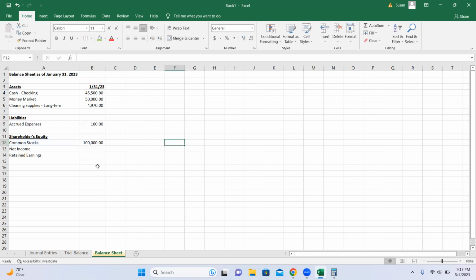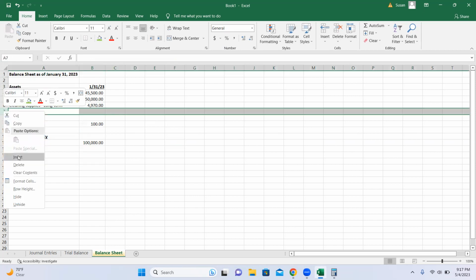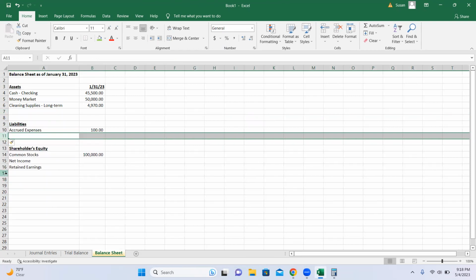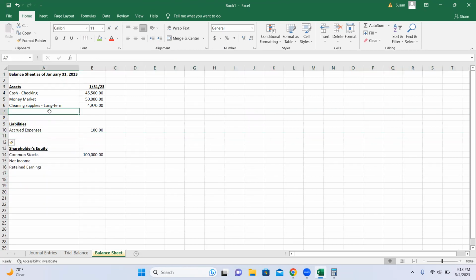Okay, so we'll also do a subtotal for each. Total assets, total liabilities, and then your total shareholders' equity.